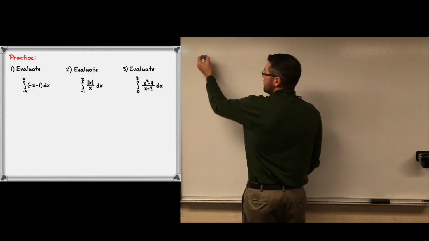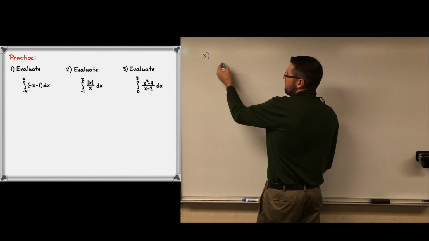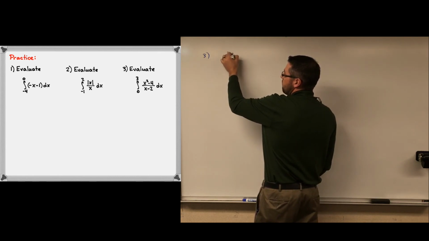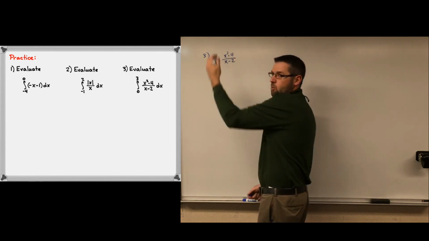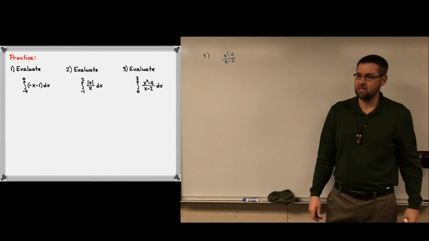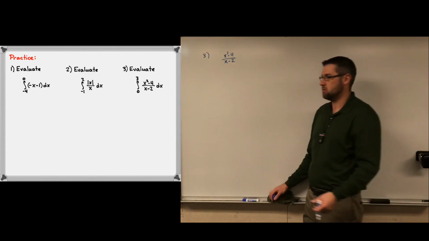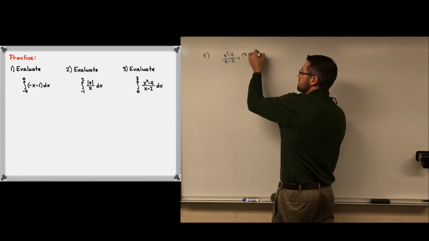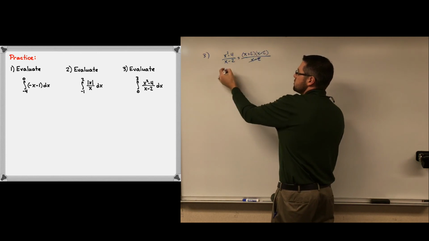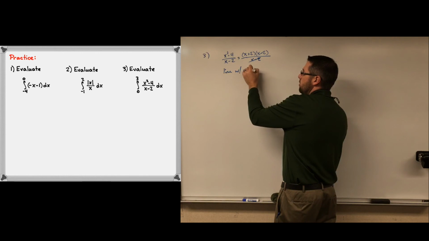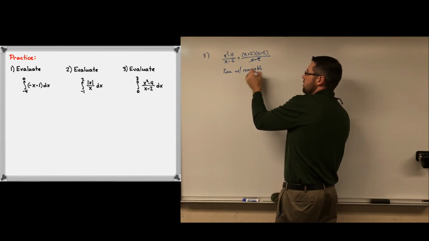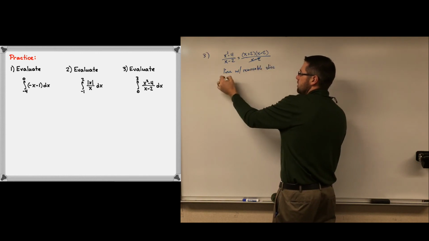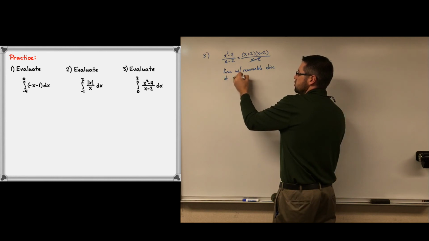All right. 3. We have a function that says x squared minus 4 over x minus 2. What is that shape? At first you go, I don't know what that looks like. But what can we do? We factor, so this becomes x plus 2, x minus 2, with x minus 2 on the bottom. So those reduce. So we have a line with a removable discontinuity at x equals 2.